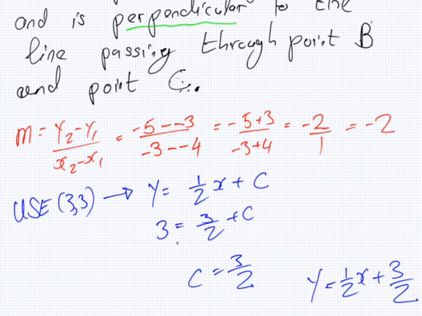Minus 4K plus B equals minus 3. Y minus 3 and Y minus 5.